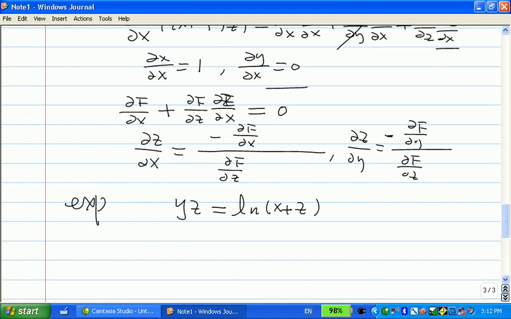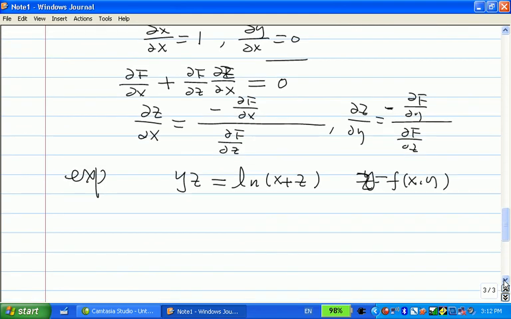Now, what's the graph of that? If you are able to solve for z, you can think about something like z equal to a function of x and y, right? The reason we use the implicit function is that in many situations we're not able to solve for z and write it in this form.